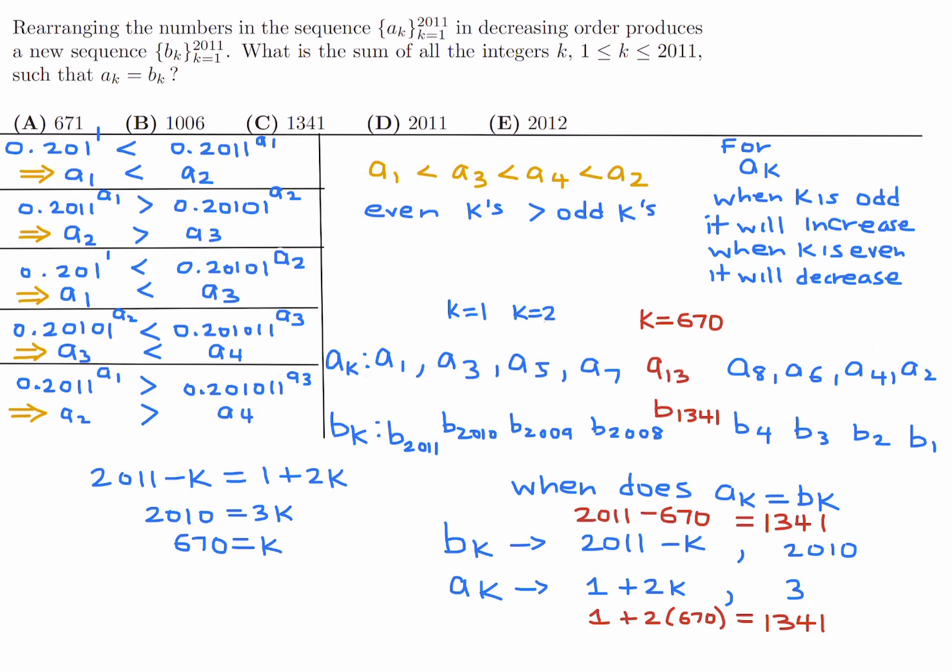So there we go. That's 1341 right there. So 1341 is the only value of K. So the sum of all values of K is just 1341, interestingly. So the answer to this question is C.